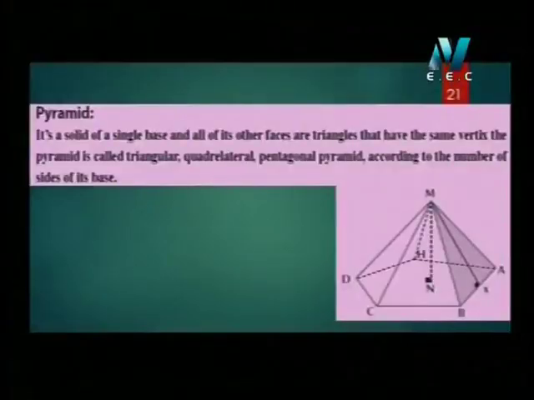We have the pyramid. It's a solid with a single base, and all of its other faces are triangles that have the same vertex. The pyramid is called triangular, quadrilateral, or pentagonal, as we said, according to the number of sides of the base. We have here a pentagonal pyramid.